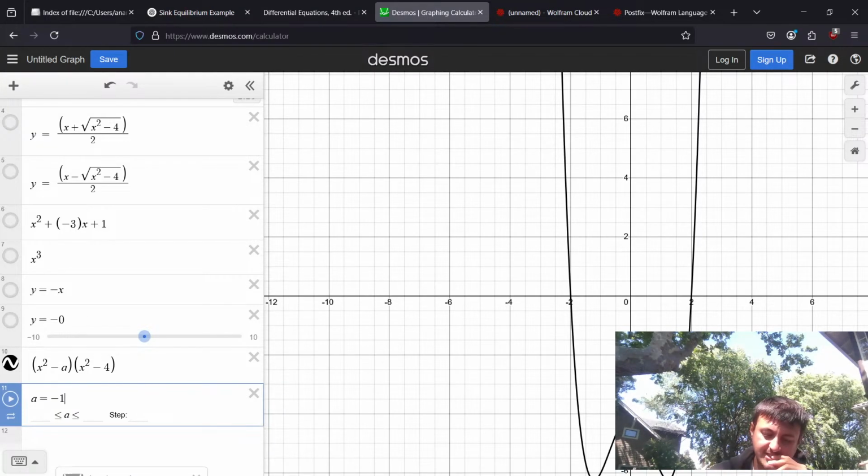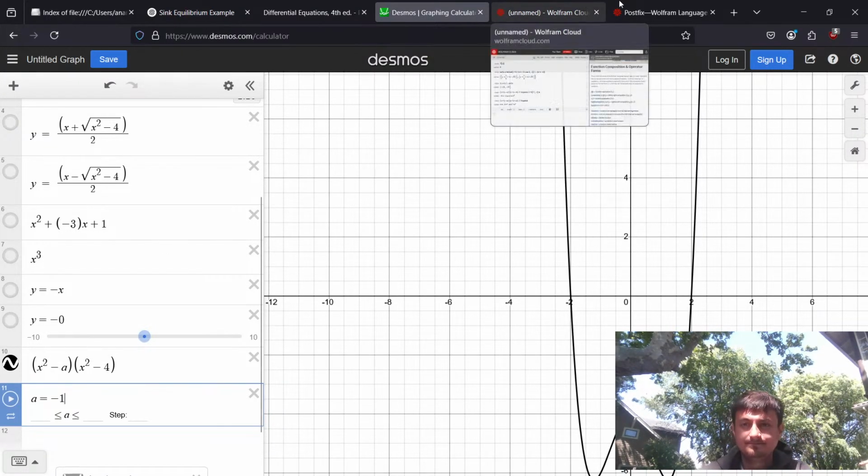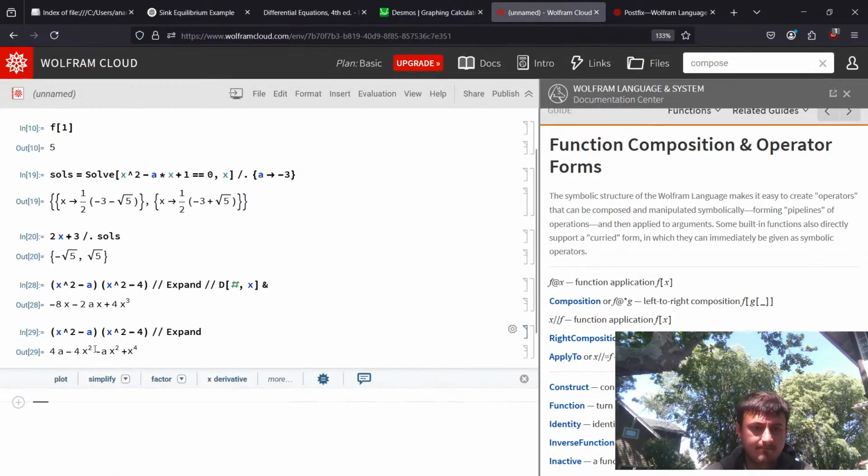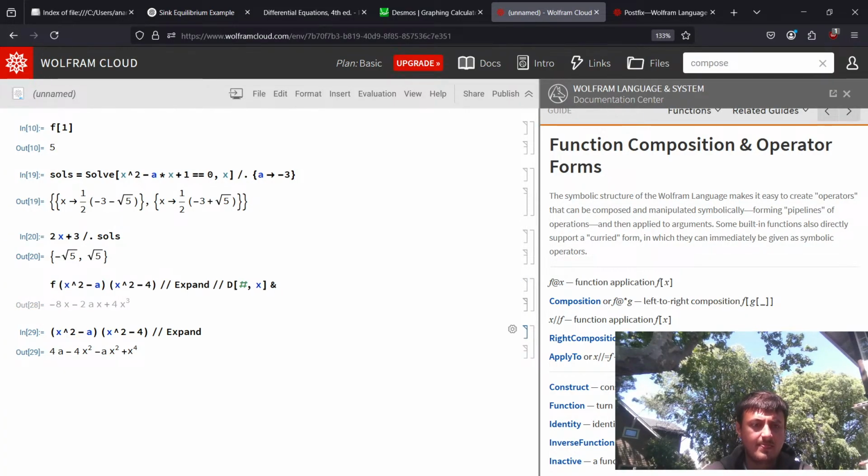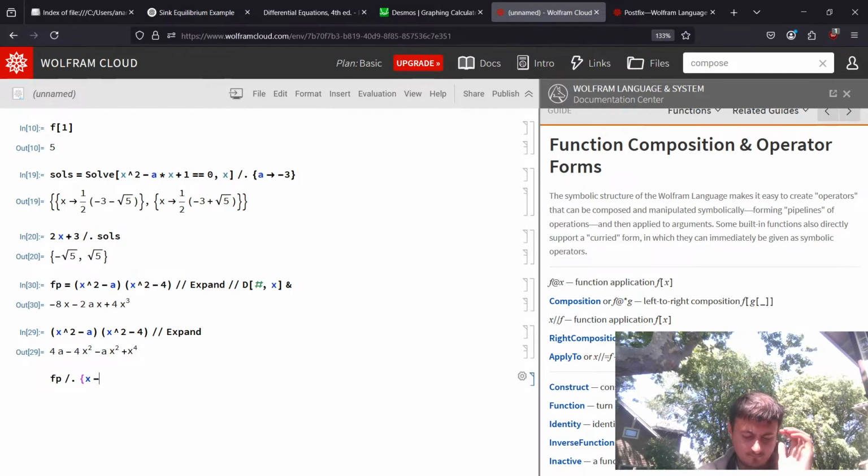And by the linearization, let's just say this is... we should be able to do FP slash dot X goes to, oh wait, no. What am I trying to do?